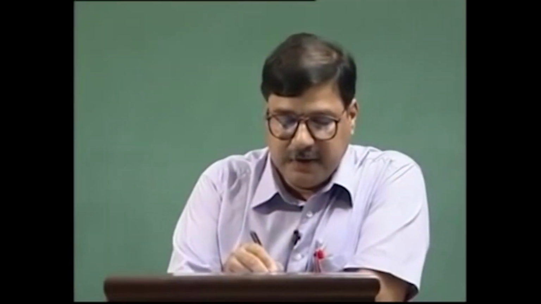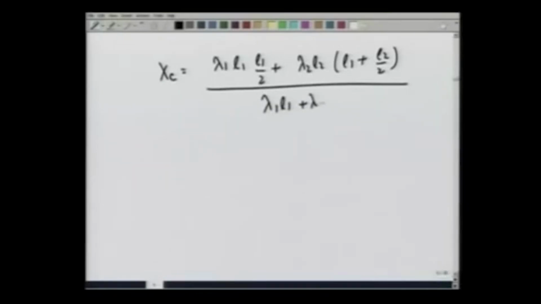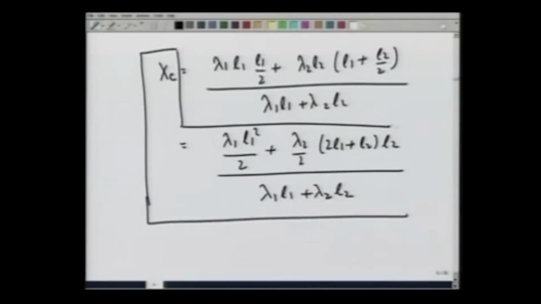So, we have calculated x_c to be lambda 1 L1 times L1 over 2 plus lambda 2 L2 times (L1 plus L2) over 2, divided by lambda 1 L1 plus lambda 2 L2, which is the same as lambda 1 L1 squared divided by 2 plus lambda 2 over 2 times (2 L1 plus L2) times L2, divided by lambda 1 L1 plus lambda 2 L2, which is the same answer as we obtained earlier when we calculated the center of gravity by integrating over the entire area.